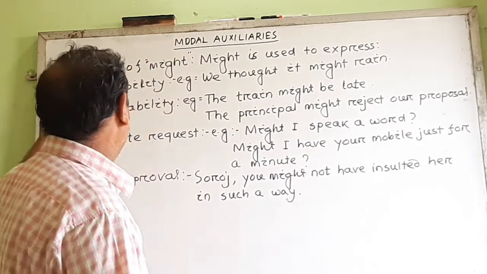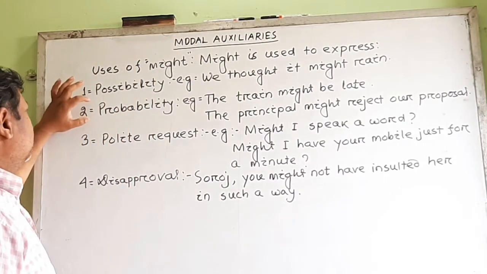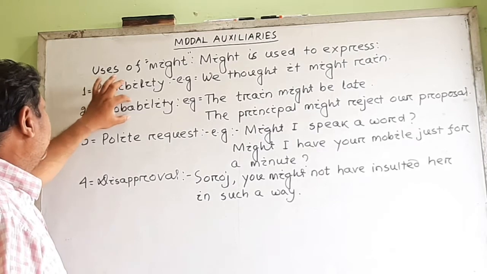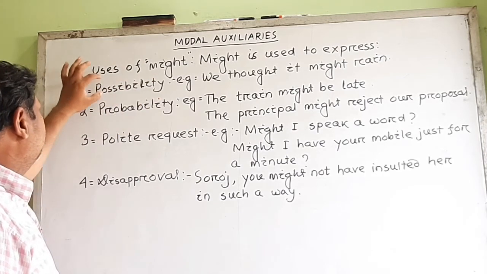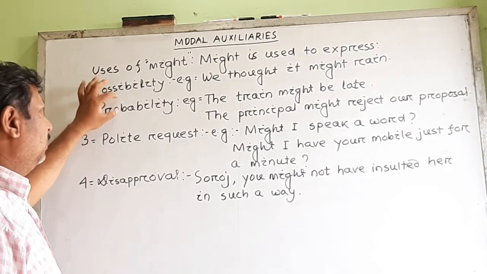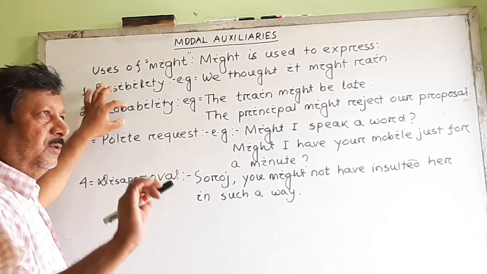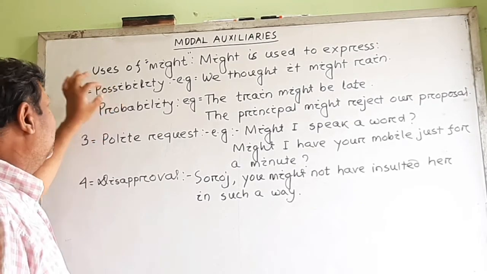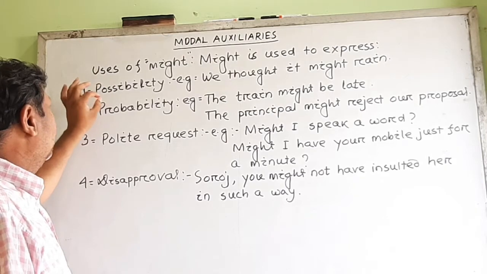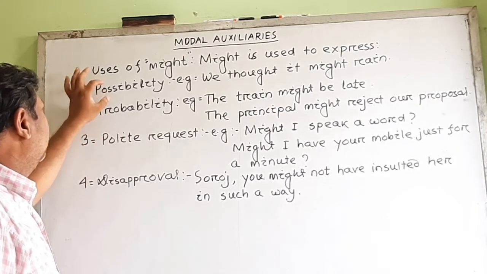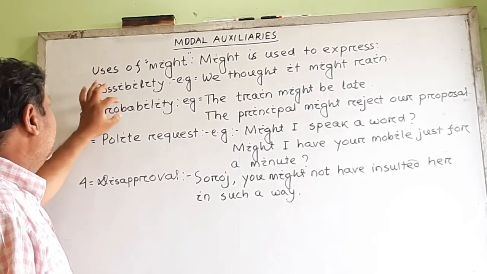Now let us see the second one, probability. The first one is possibility and the second is probability. Though the two terms sometimes express a similar meaning, there is a little difference, and we should learn the difference between possibility and probability.